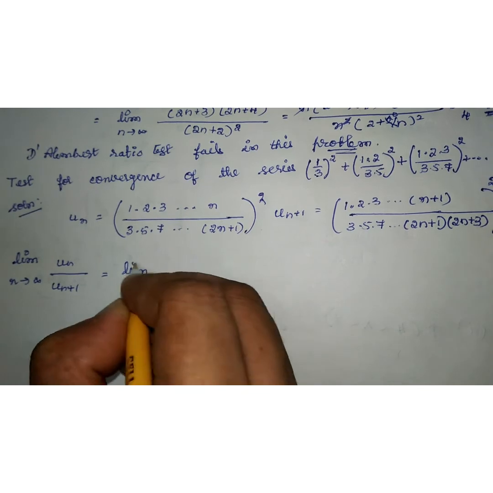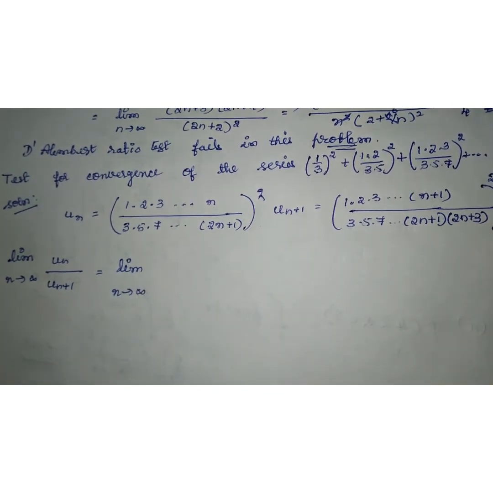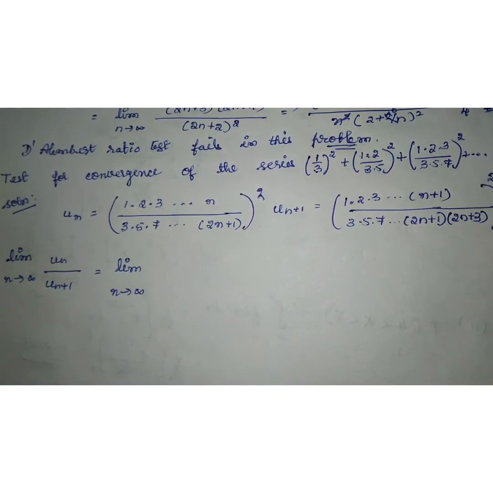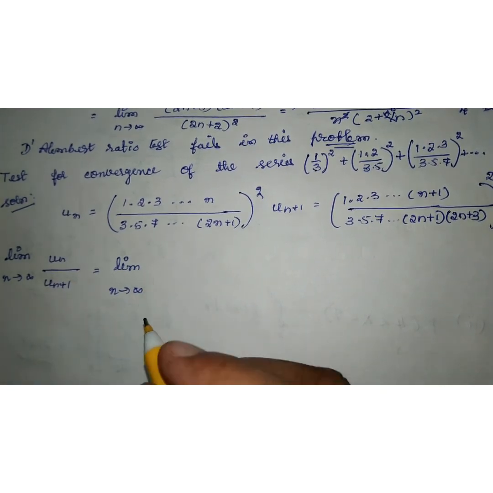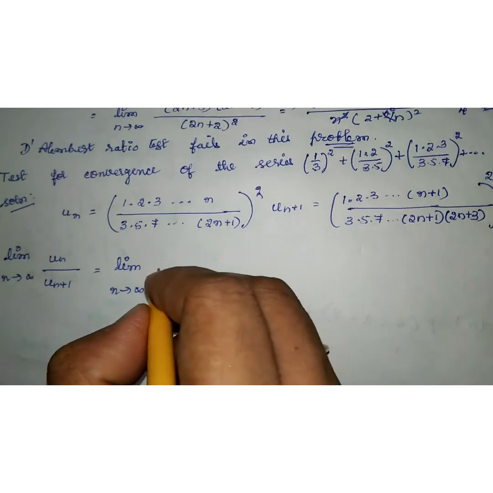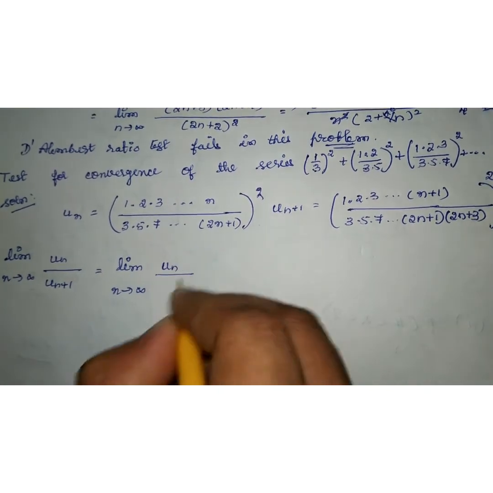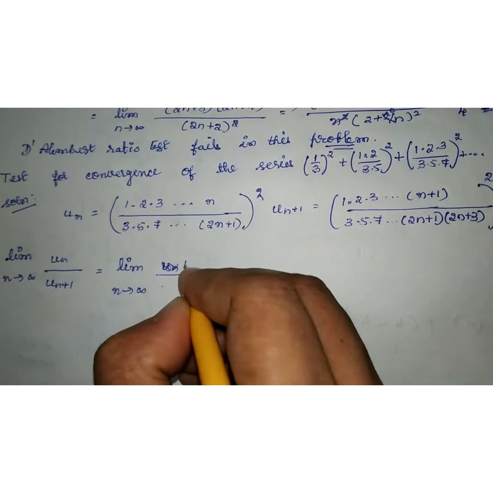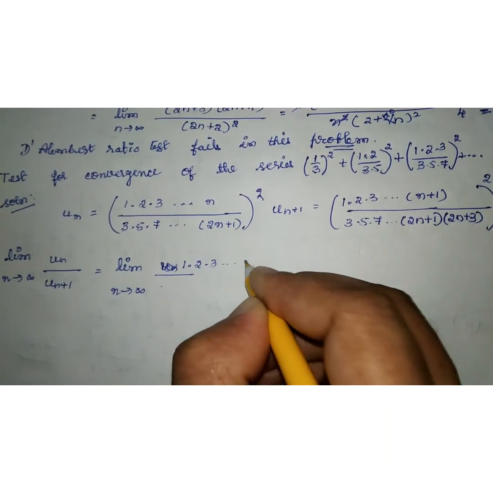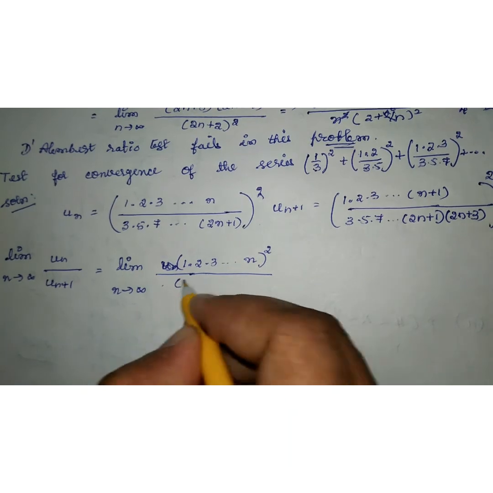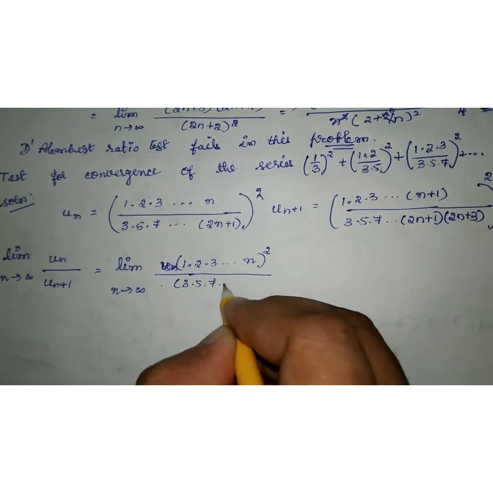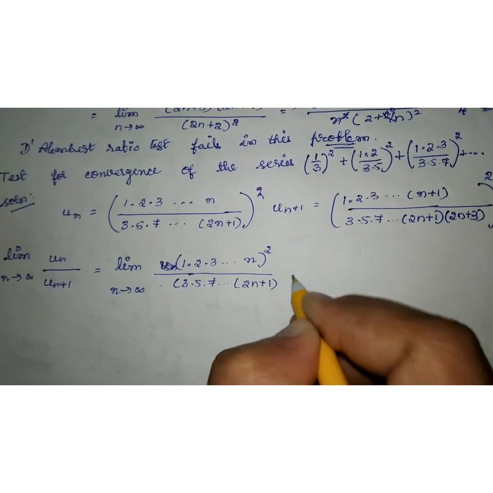So it is limit n tends to infinity, un is 1 into 2 into 3 etc. n whole square divided by 3 into 5 into 7 etc. 2n plus 1 whole square.